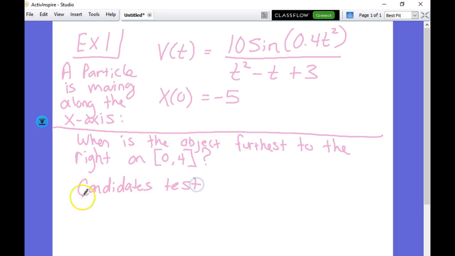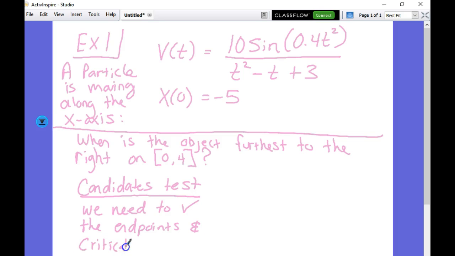Yes, sir? I thought you can't use the candidates test if the... Oh, never mind. And we can use the candidates test because it's continuous.